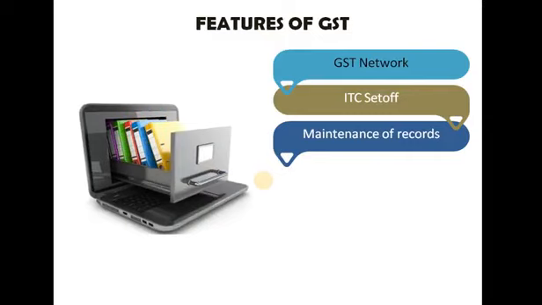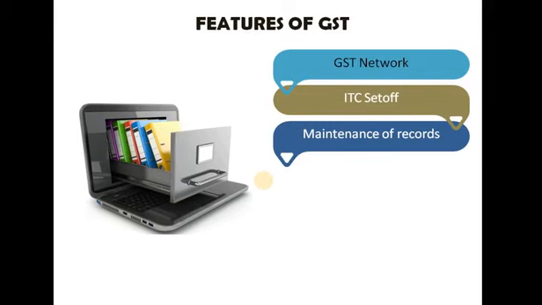And the next feature is maintenance of records. The taxpayer or any person who has registered under GST, or even a dealer, should maintain separate books of accounts with detailed information about the utilization of products, the input tax credit, or the overall sales done by that person.